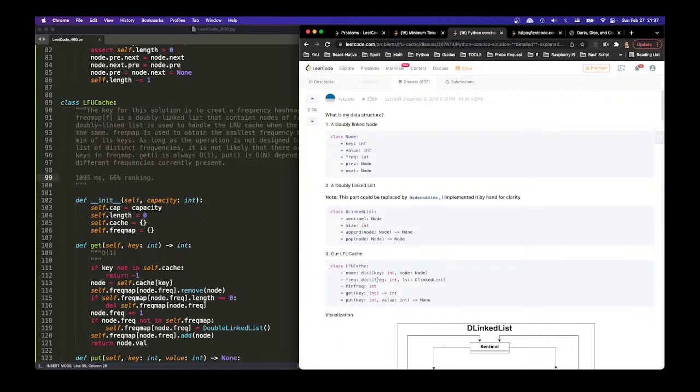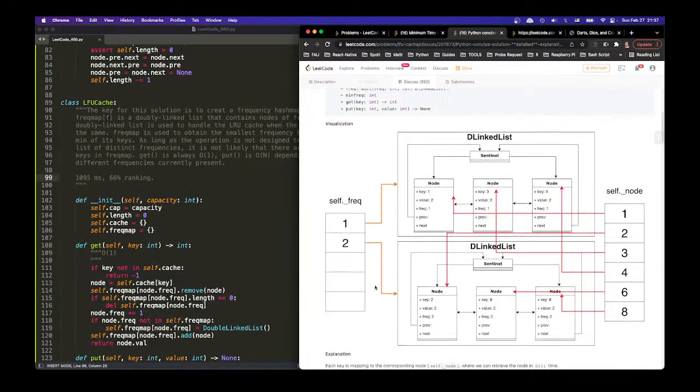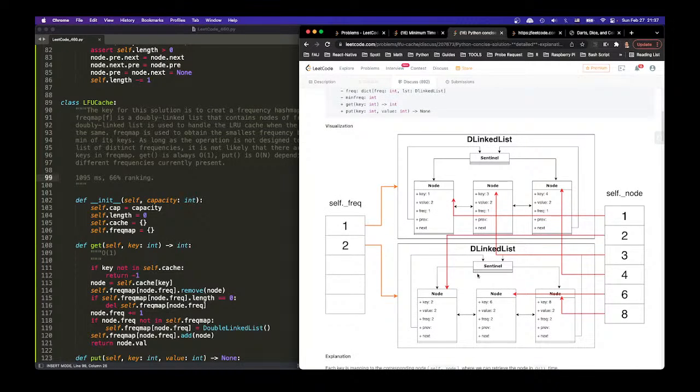And a cache node. Frequency, yes. A min frequency. How are you updating the min frequency though? Double linked list. Frequency, the first one. Sentinel doesn't matter.